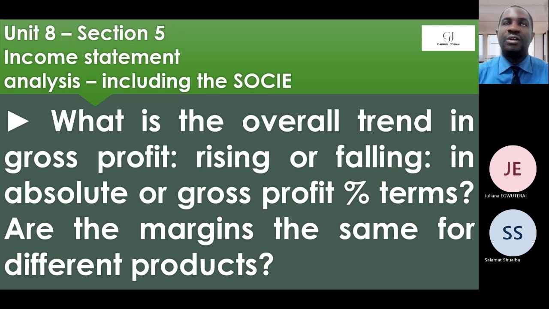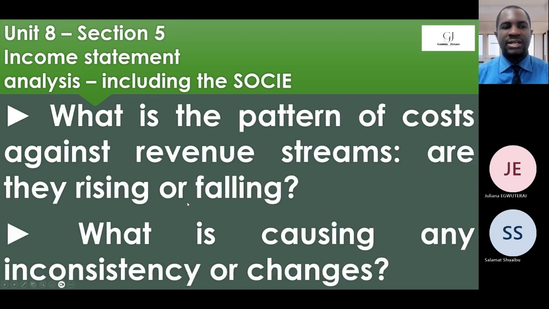So over the period, or over the 3-year or 5-year period, is the gross profit growing? Are the cost of sales growing and depleting the gross profit? So you need to take note of that. Also, are the margins, looking at operating margin, net profit margin, are they the same for different products or different service lines? You need to look at that and analyze critically.